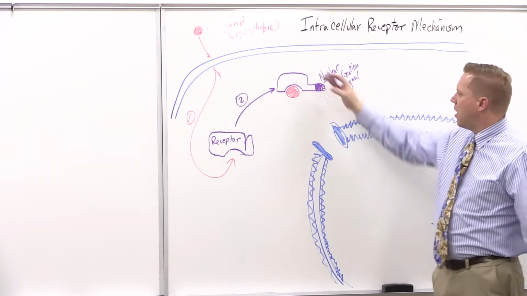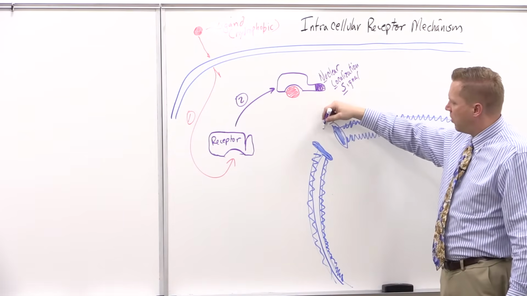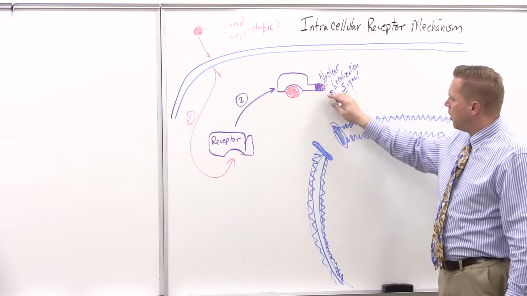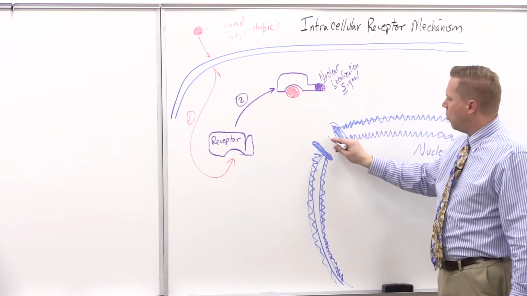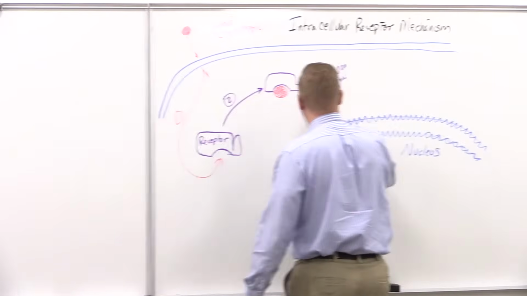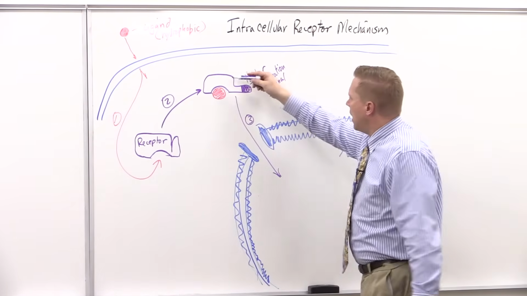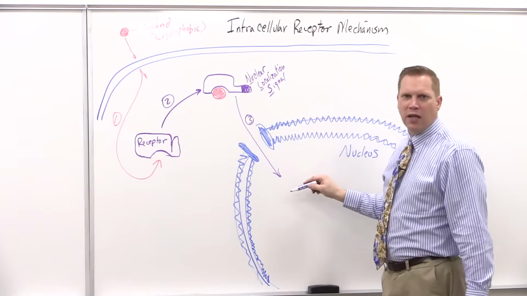And that signal, now that it's exposed, allows this protein complex, or this receptor, to come to the nuclear pore, and it gives it kind of a code that causes the pore to open. And so here we have step 3, that the pore opens, and my receptor is able to enter into the nucleus.